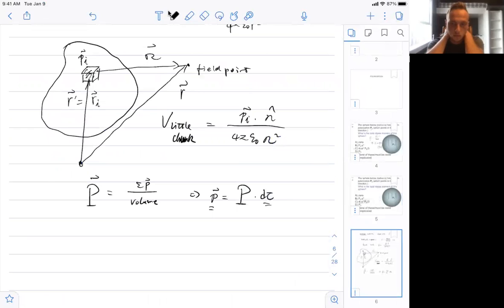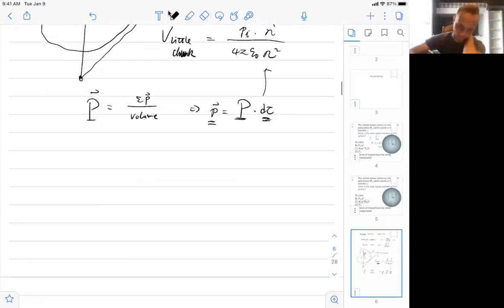So the dipole moment coming from this little chunk is polarization times d tau, a small chunk of volume. I can plug this p into my equation to calculate the potential produced by this little chunk. So V produced by this little chunk is going to be polarization d tau.